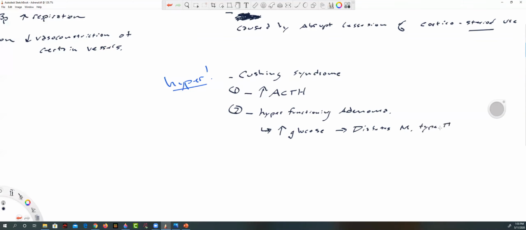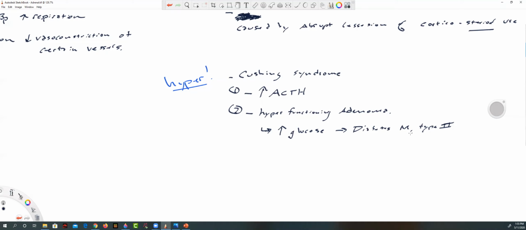type 2. So type 2 is the kind of diabetes most, am I saying that right? Yeah. Type 2 diabetes, most of the time it's because of obesity, really poor diet, eating sugar all the time. But with Cushing's syndrome, you could be very conscious of your diet and exercise, but still your glucose is always high.